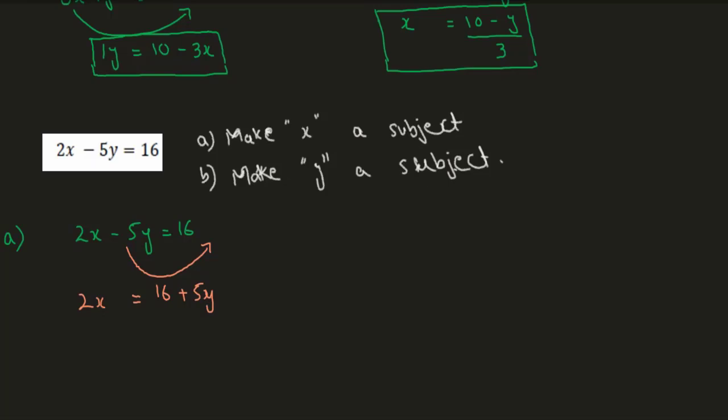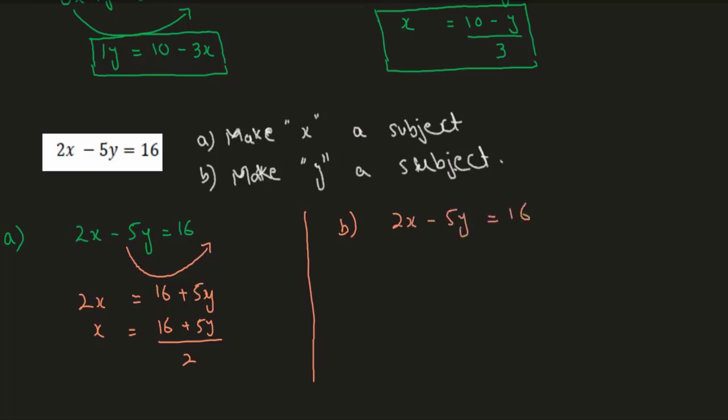The 2 is being multiplied with x, so when I take this 2 on the other side of the equal sign, it will get divided. So my answer would be 16 plus 5y, whole divided by 2. This was my part A. Now let's go on to part B. In part B, I have to make y a subject.